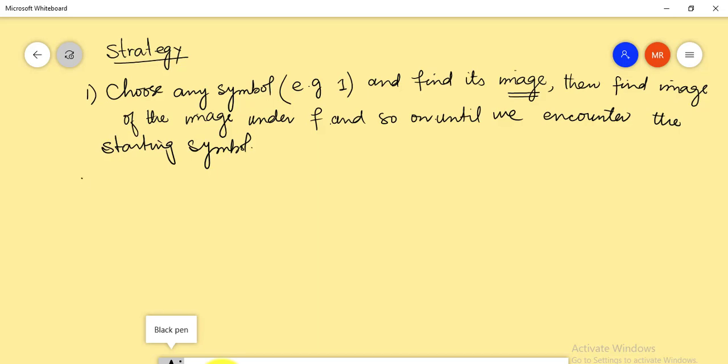And then we write these symbols as a cycle.